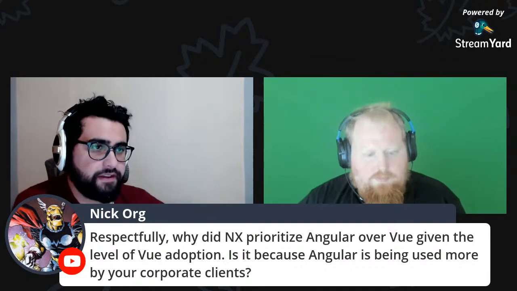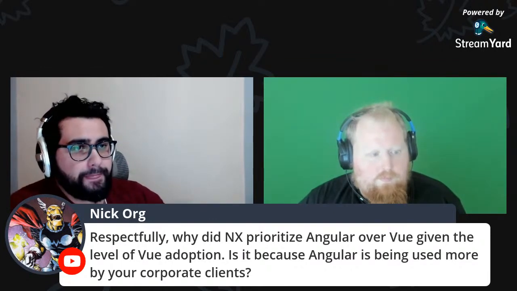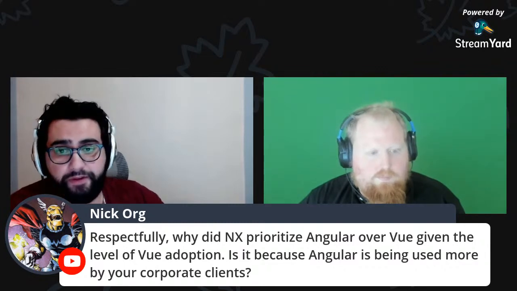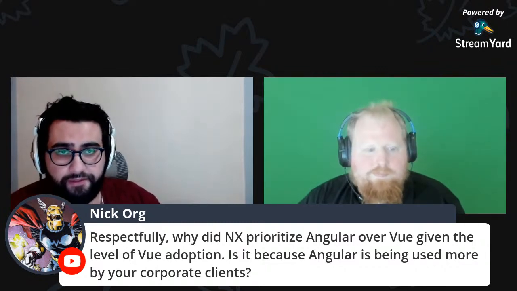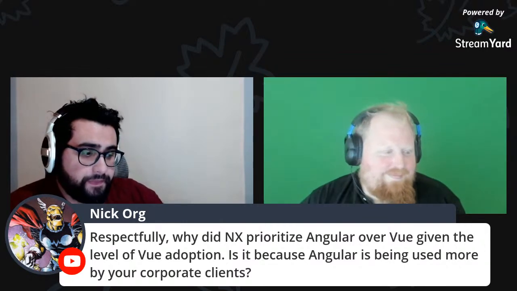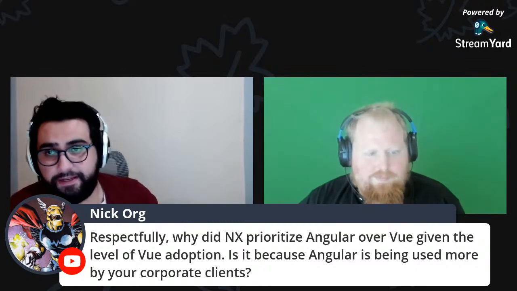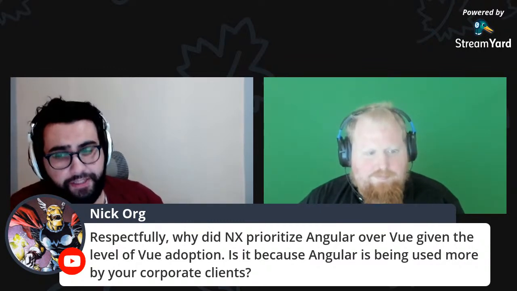The Nrwl Devkit is again lighter, so you don't have to rely on observables as much, and we use pretty much the mechanisms that JavaScript provides itself, like async/await and async generators.